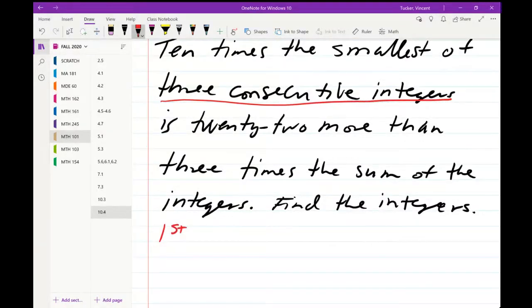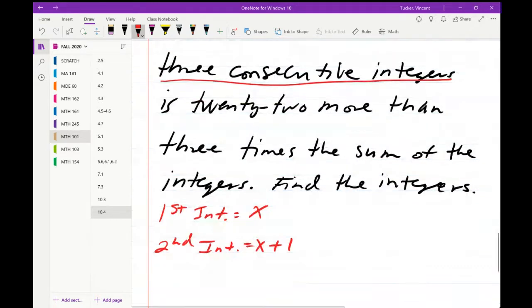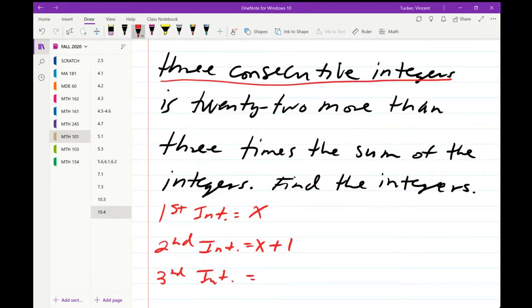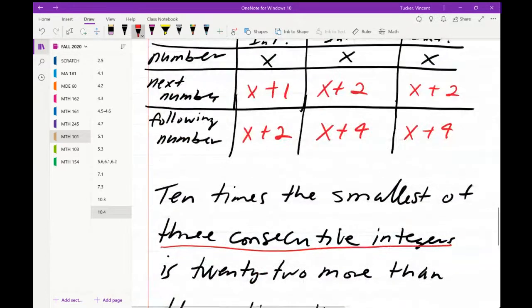So we can call the first integer x, the second integer x plus 1, the third integer x plus 2. Remember, that's what we're looking at in the chart.